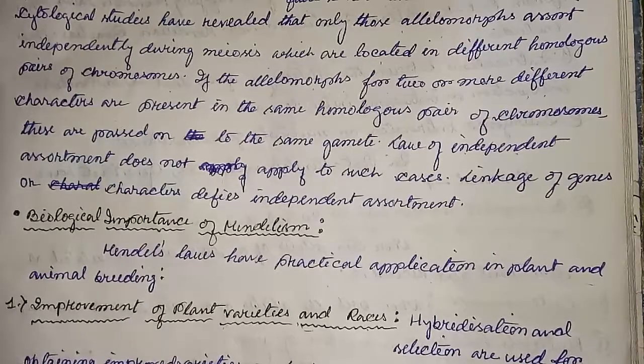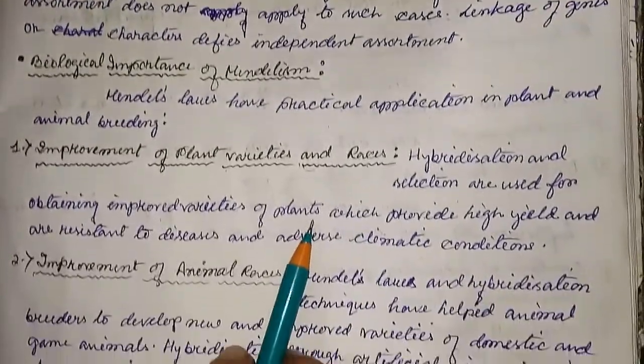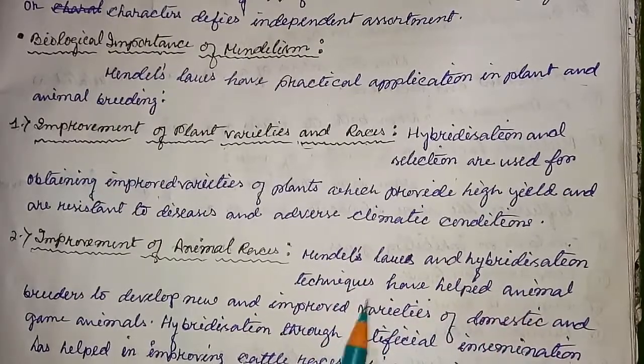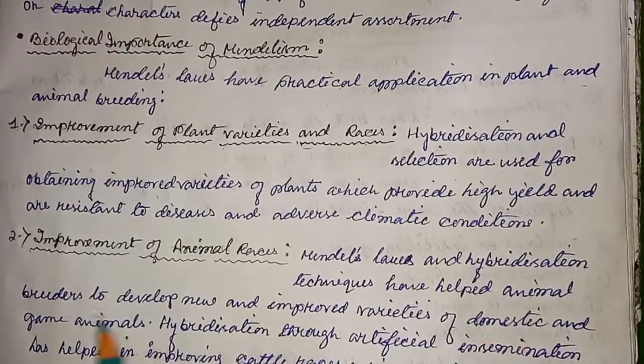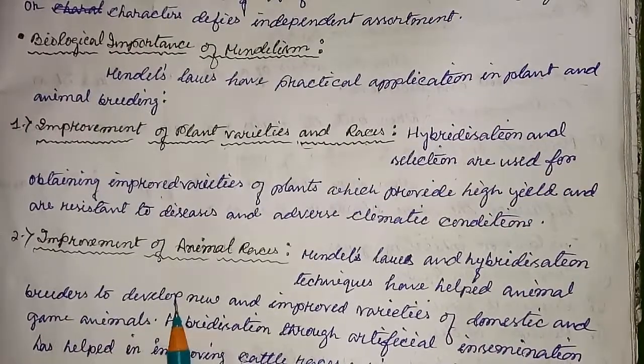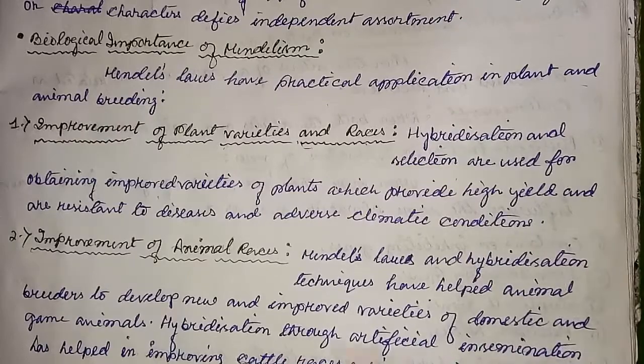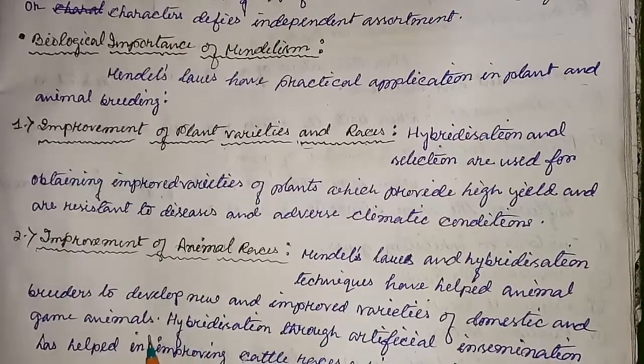Next, improvement of animal races. Mendel's laws and hybridization techniques have helped animal breeders to develop new and improved varieties of domestic and game animals.